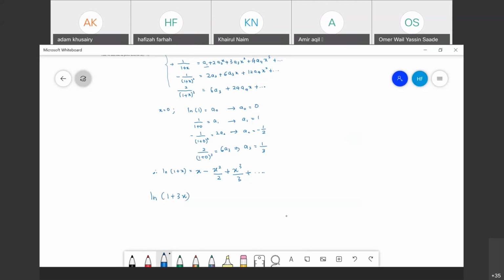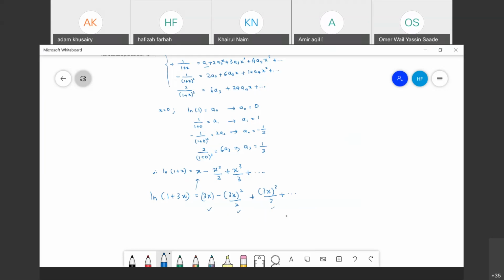Yes, correct. So we just substitute into the expansion, which will be 3x minus 3x squared over 2 plus 3x cubed over 3. But here we only have up until 3 terms.